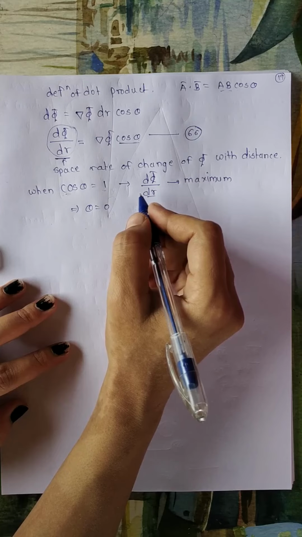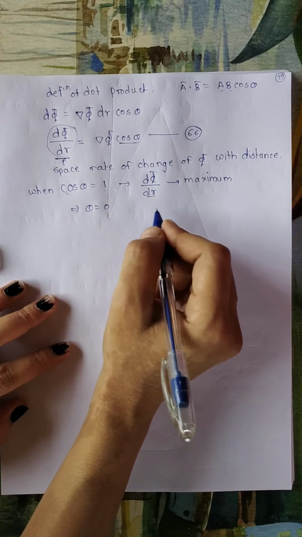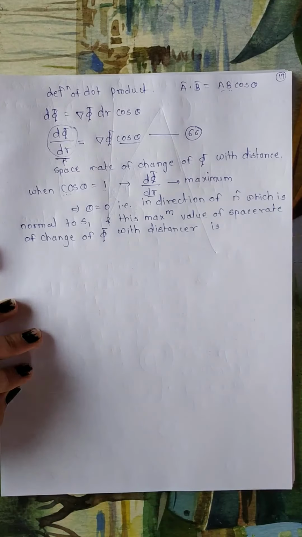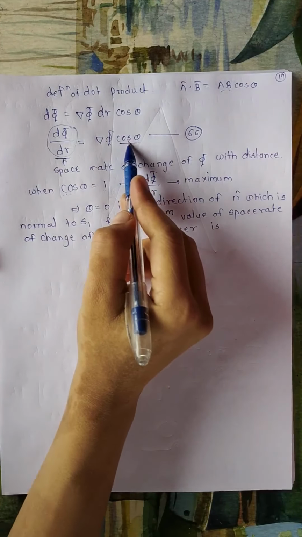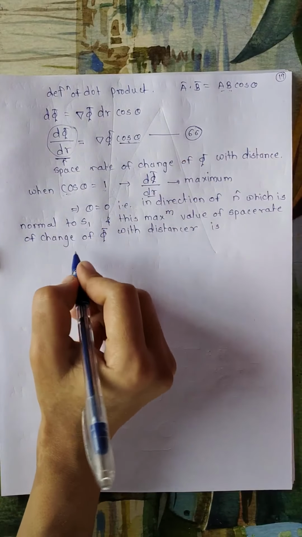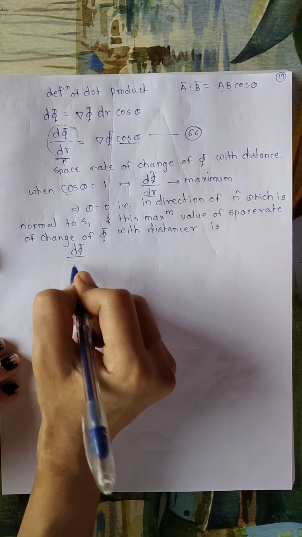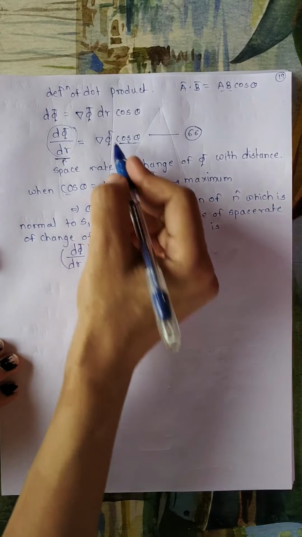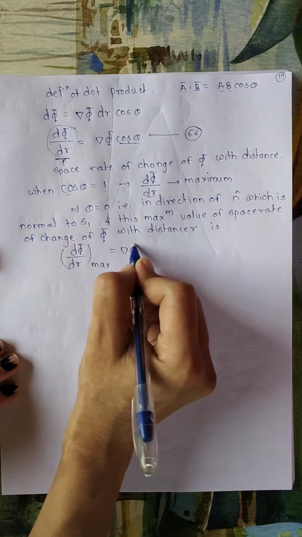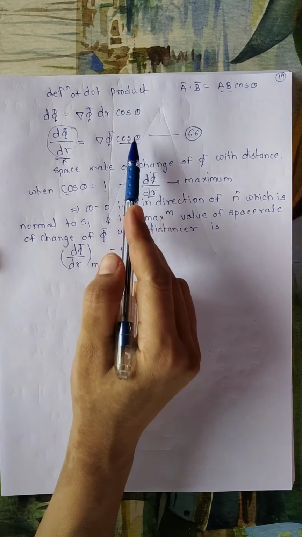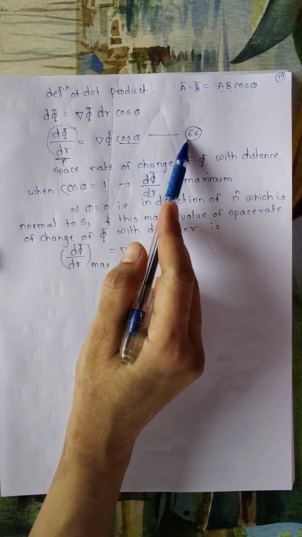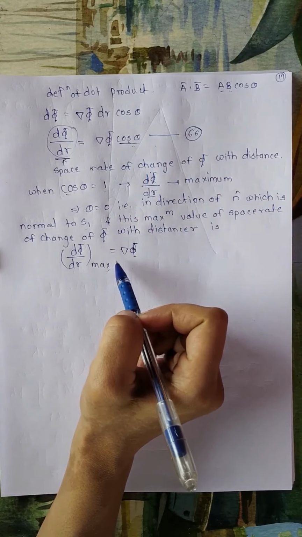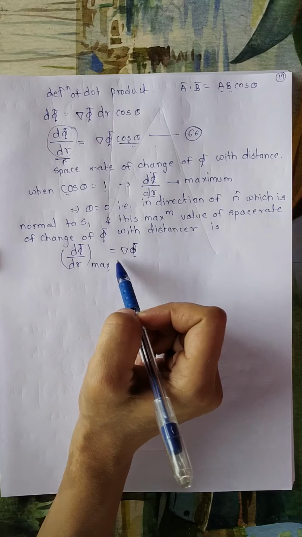The maximum value of the space rate of change of phi with distance r is given by putting cos theta as 1 in this equation. That maximum value, d phi upon dr max, will be equal to only del phi when cos theta is 1, equation 68. So this is the maximum value of the space rate of change of phi with distance r.